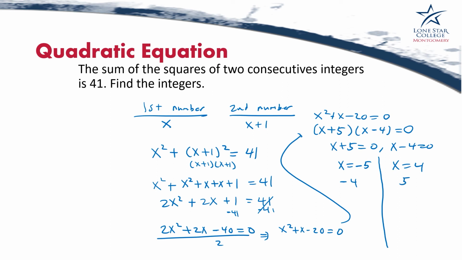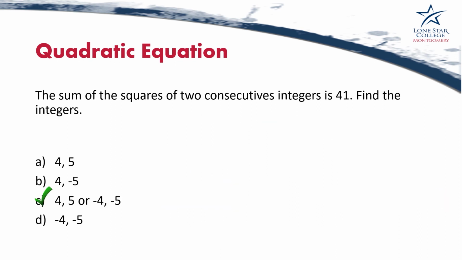Let's write the first one: negative 5, negative 4. Or we have 4 and 5. So you have to consider both pairs, 4, 5 or negative 4, negative 5.